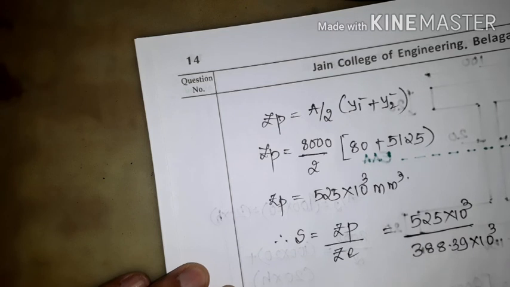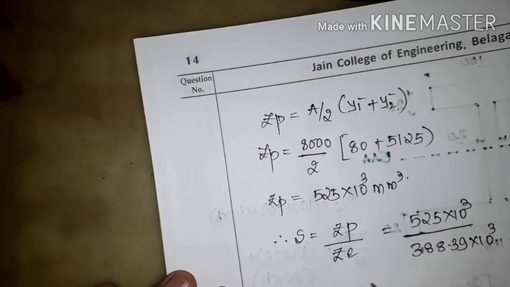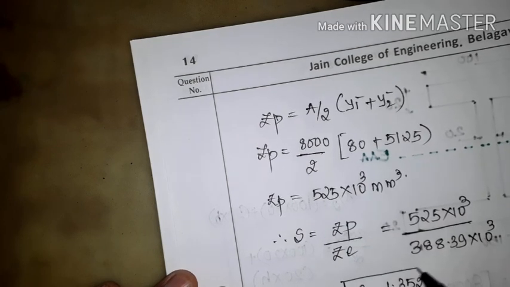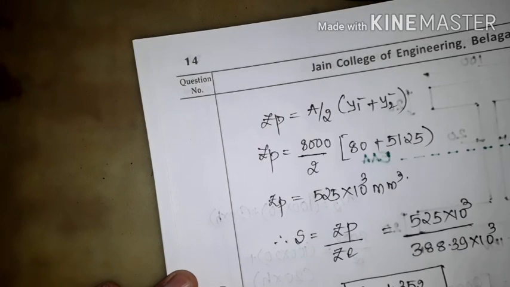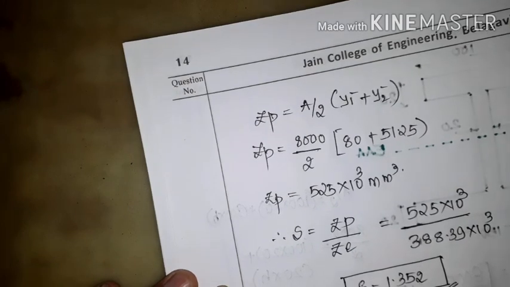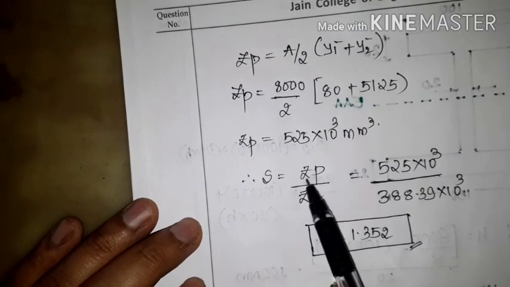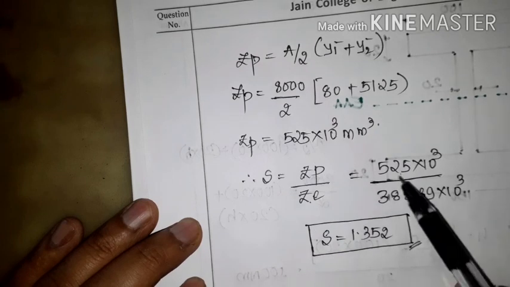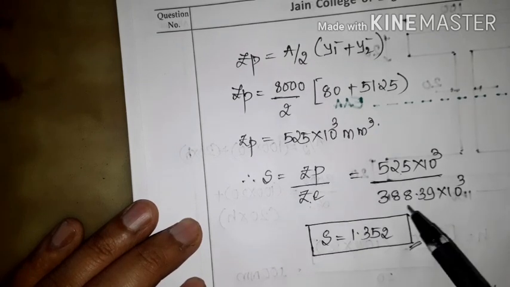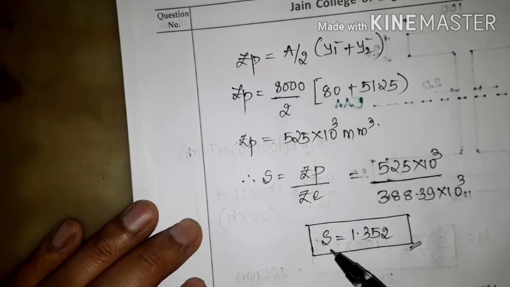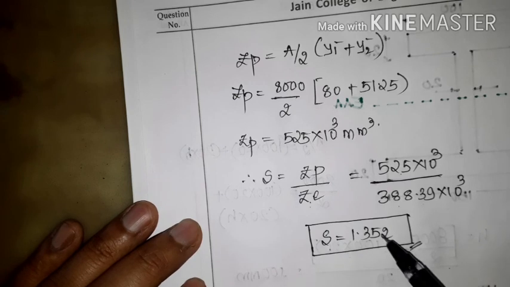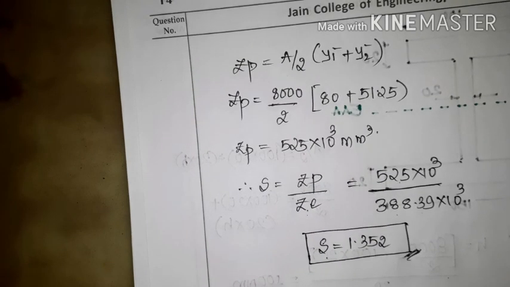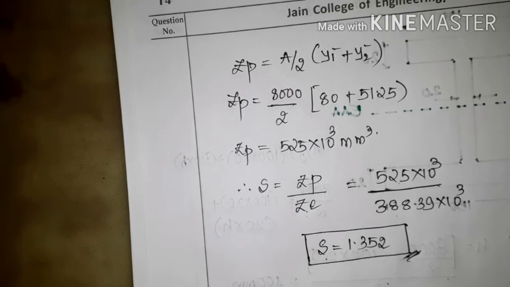So we get the value of the shape factor as S is equal to 1.352. This is the final answer for today's solution. Okay, thank you.